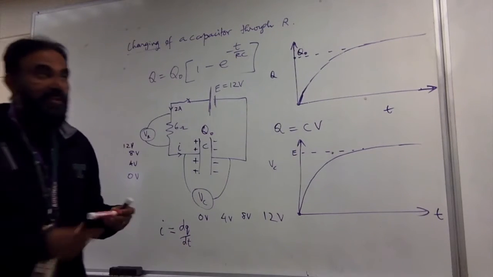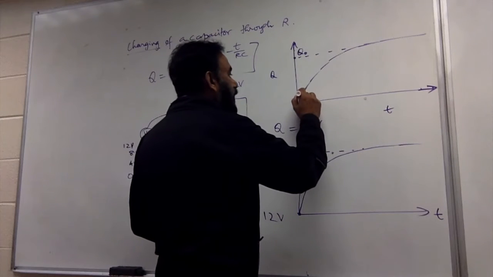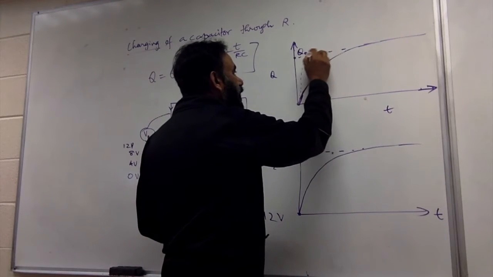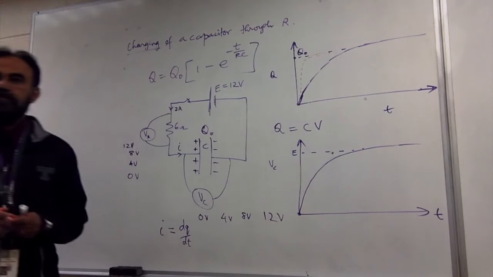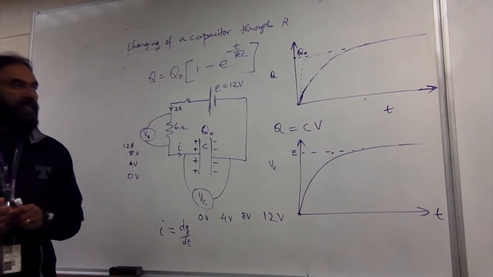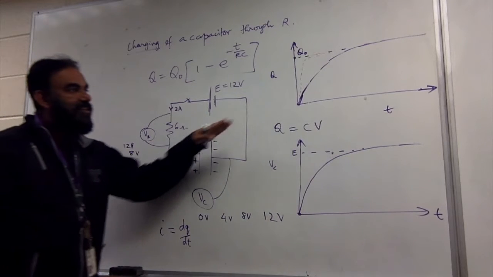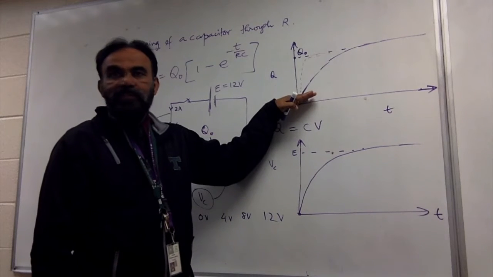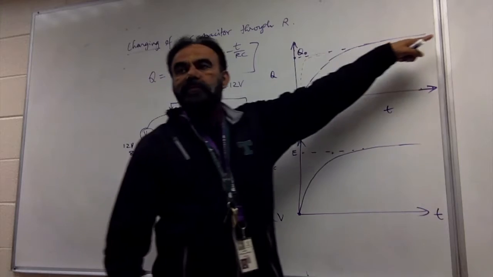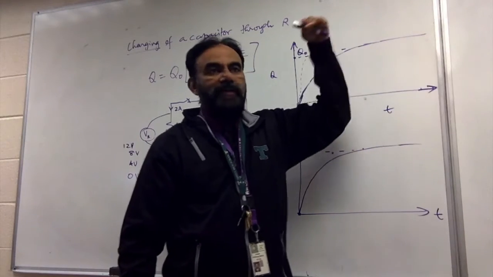If the resistance is lower, then it's going to be a higher slope, and look at that. You get it? If this resistance is like 600 ohms, then it's going to be a lower slope to start with, but eventually it will go there. It has to finally go to the max.